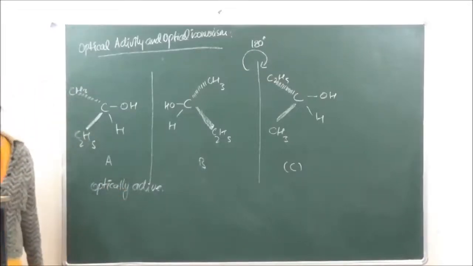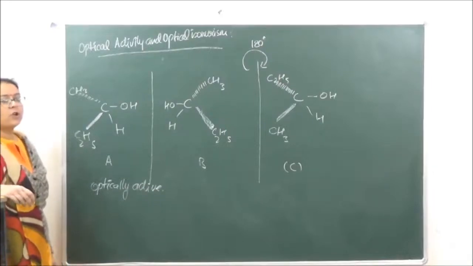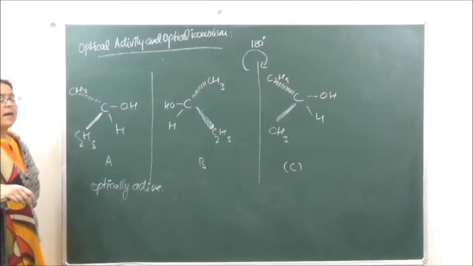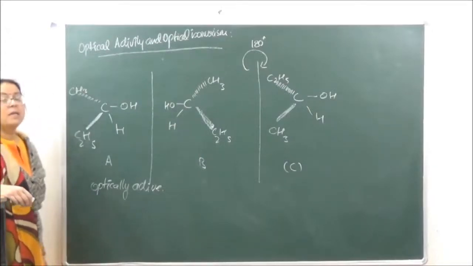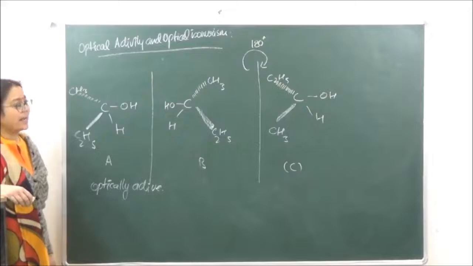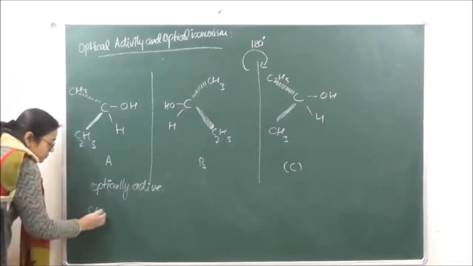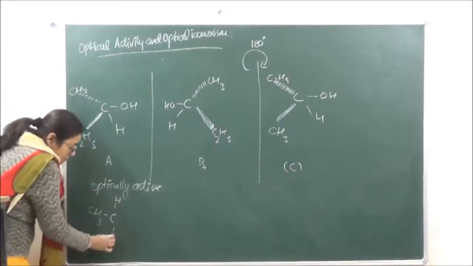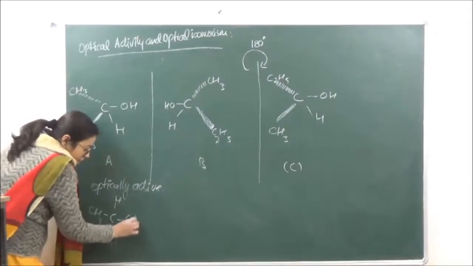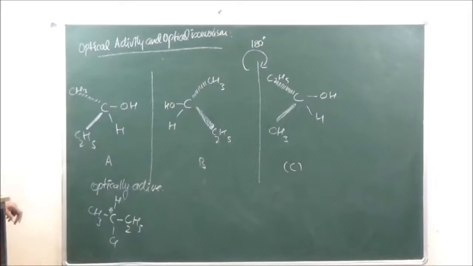Okay, so what is a chiral carbon atom? The carbon atom to which all the 4 groups attached are different, and mostly all those substances which are going to contain a chiral carbon atom are going to be optically active. Some more examples which we can take over here: this is the chiral carbon atom which we have. Okay? This is 2-chlorobutane.